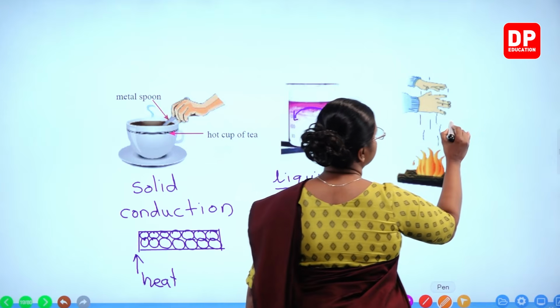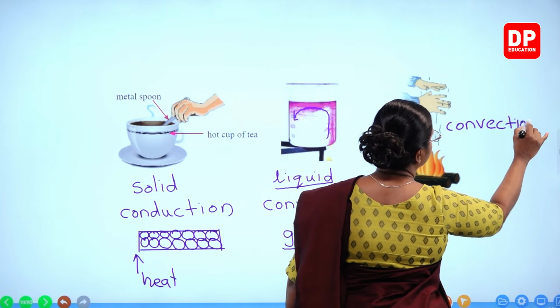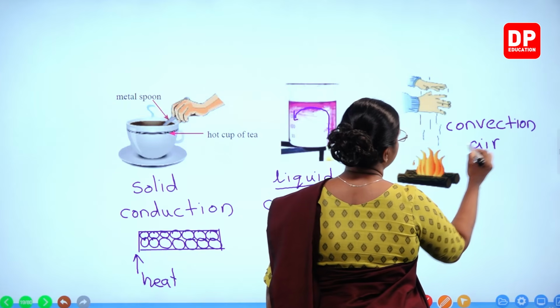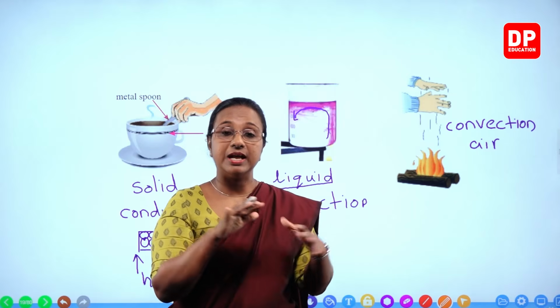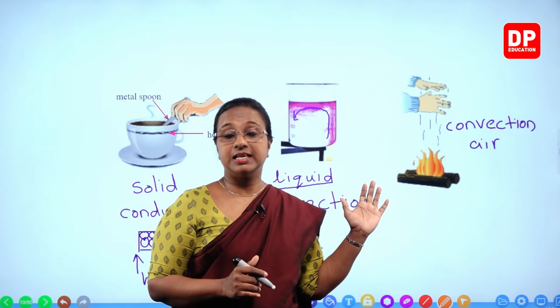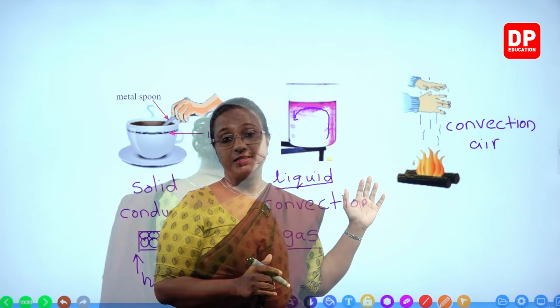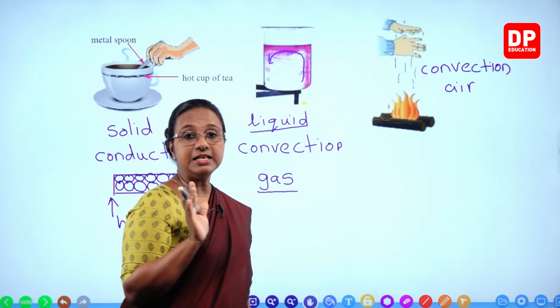Here also it is convection, because there is air there. The hot air moves up and you get the heat. But if you hold the hand towards the side, then what happens? So this is, like I said, convection happening in air.